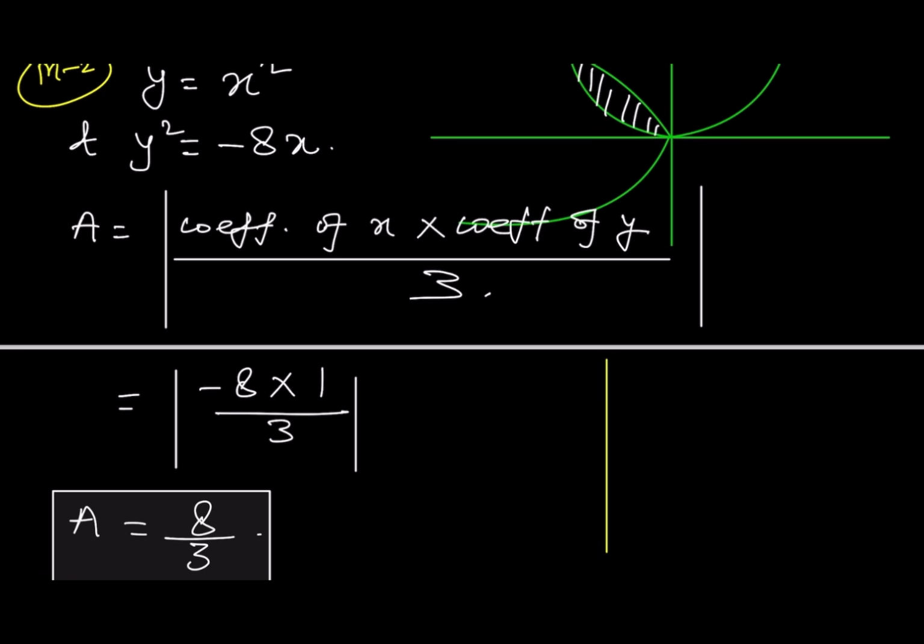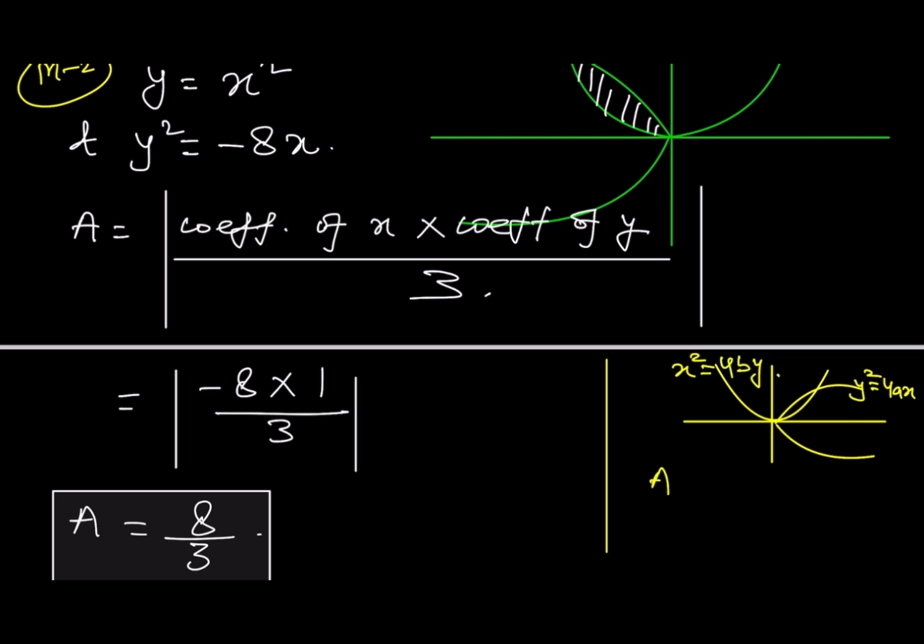I'm writing the area between two parabolas, y square is equal to 4ax and x square is equal to 4by.